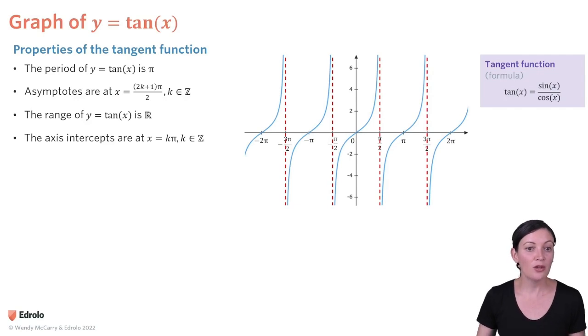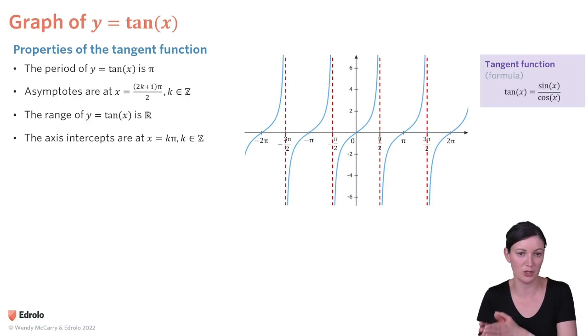The range of y equals tan x is all real numbers. But we have a restricted domain at the asymptotes that we don't have with sine and cosine. Those asymptotes mean that tan doesn't have any value at those angles, at pi on 2 and 3 pi on 2 and so on.